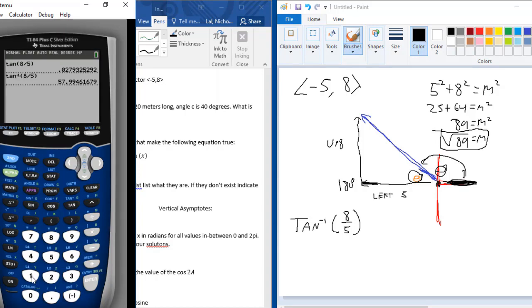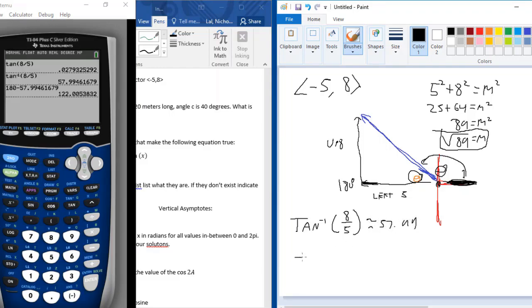And then I do 180 minus this value to find my actual angle.